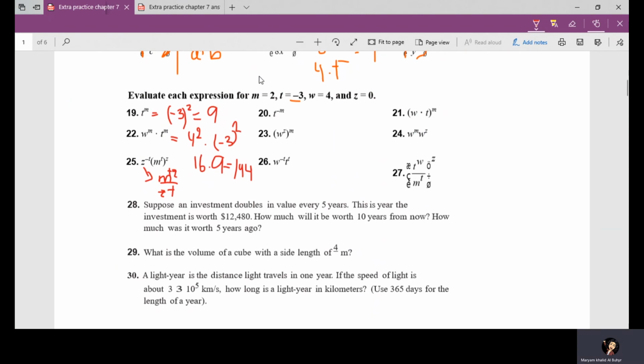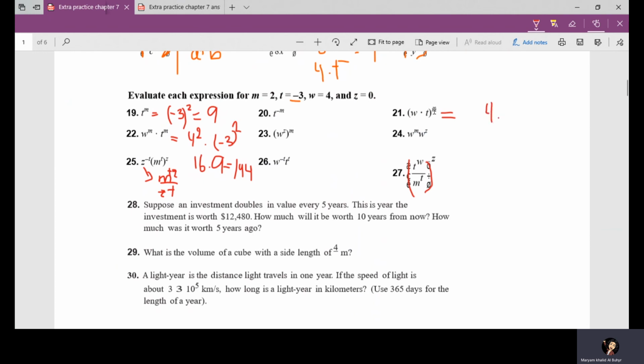So we have here exactly the same idea. That is parenthesis, I don't want you confused. So w is 4.